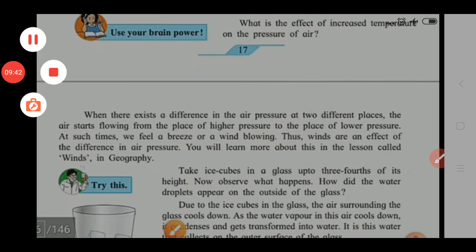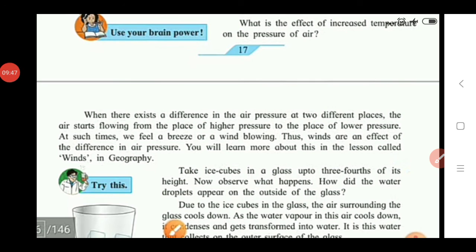Okay, so when there exists a difference in the air pressure at two different places, the air starts flowing from the place of higher pressure to the place of lower pressure.